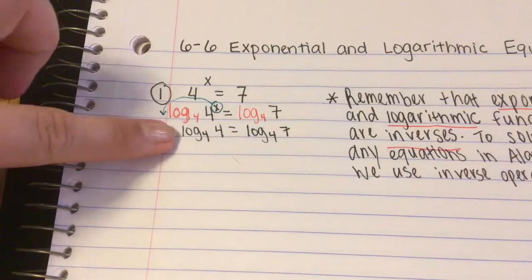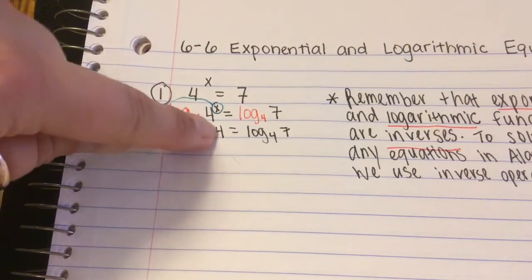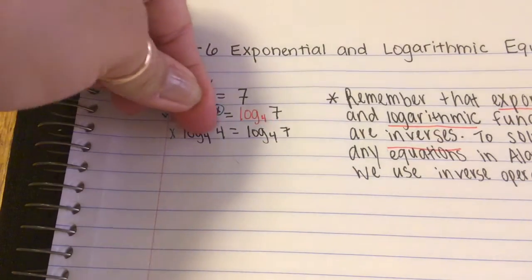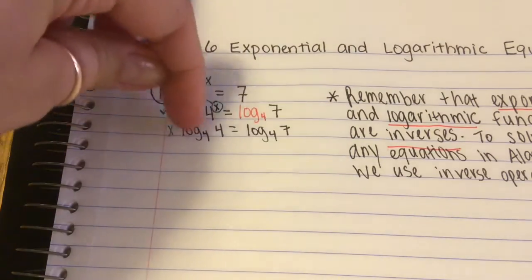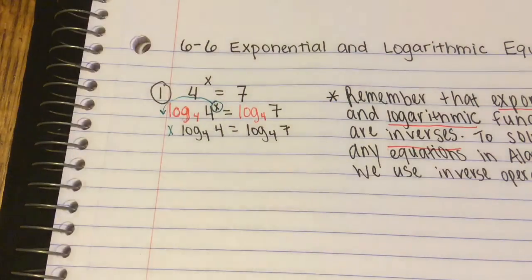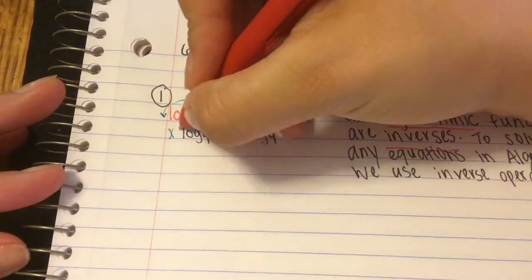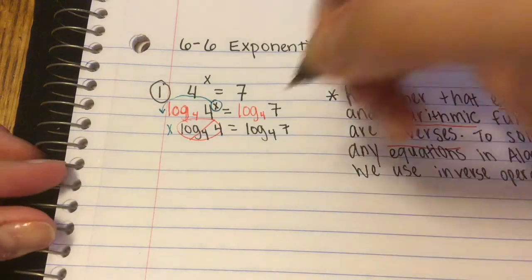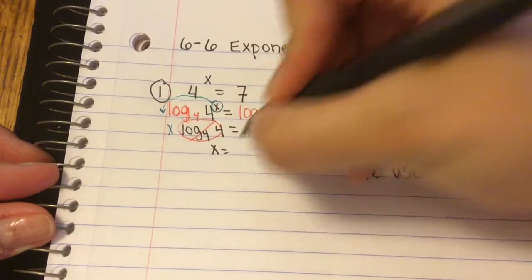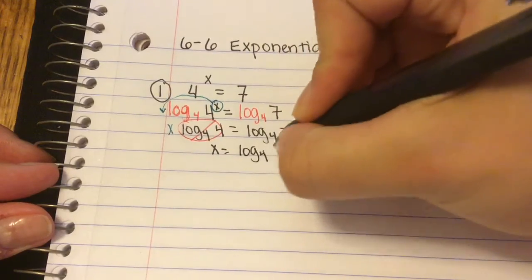We have an identity here, log base 4 of 4. Remember, 4 to the first power is 4. This is an identity. This basically cancels out. So if that log base 4 of 4 is just 1, then all we have left here is x equals log base 4 of 7.